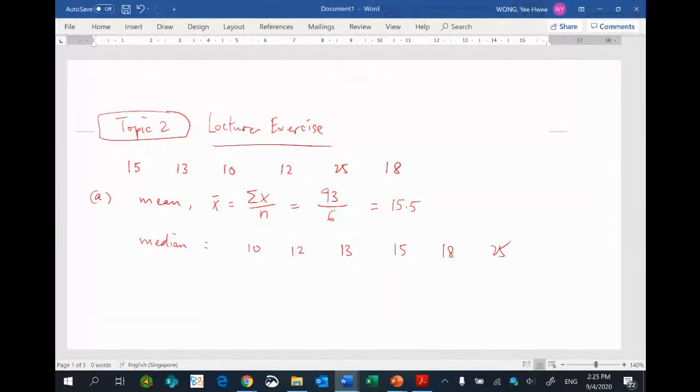If you use the first method, which is an easier method, you just count 1, 2, 3, 1, 2, 3. So where is the median? The median is right here. The average of these two numbers, to be fair, so it is 14.